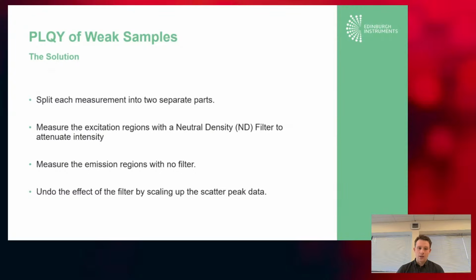So the solution to this is to split the measurement into two parts, where you measure the excitation region with a neutral density filter, which is going to attenuate the intensity. And then you can measure the emission regions as normal without the filter. And then you can do a bit of mathematics to then undo the effect of the filter by scaling up the scatter peak intensity.